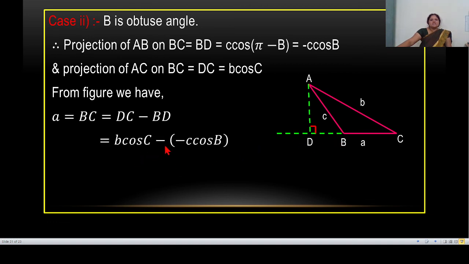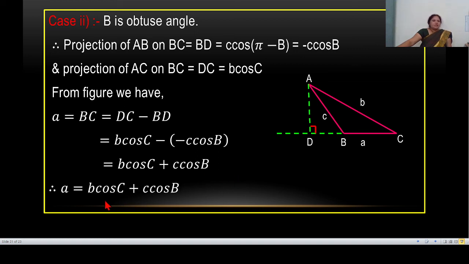Therefore, b cos C minus (−c cos B); minus minus gives plus, so b cos C plus c cos B.